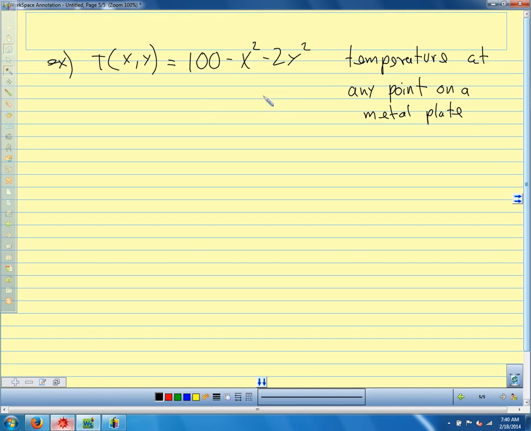So this is our temperature field. First off, what are our level curves going to look like on this field? Ellipses. So our temperature field gives us elliptical level curves. All right, we want to find the path of a heat-seeking particle that starts at the point (4,3).